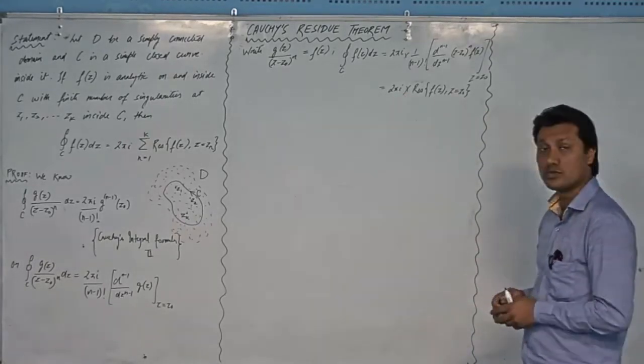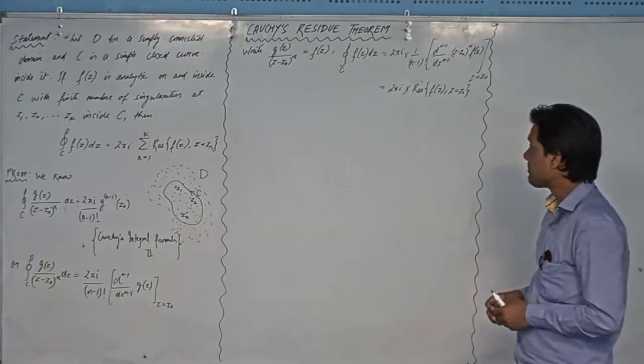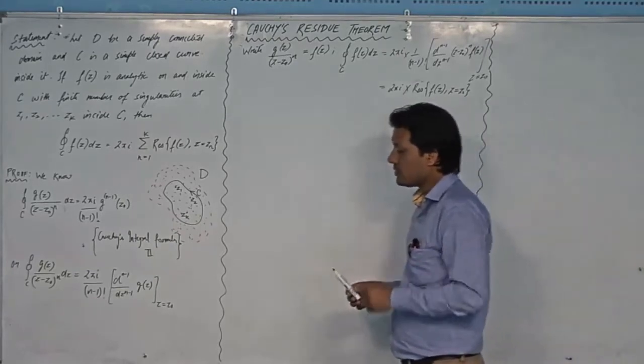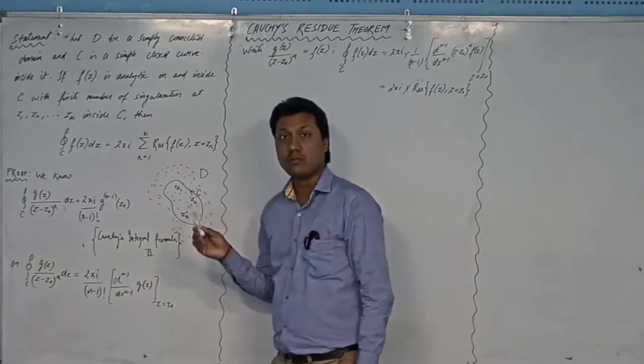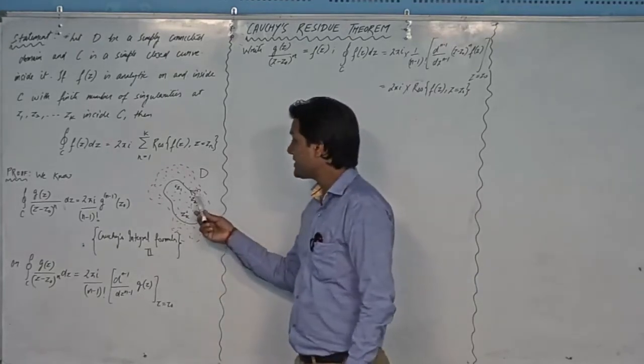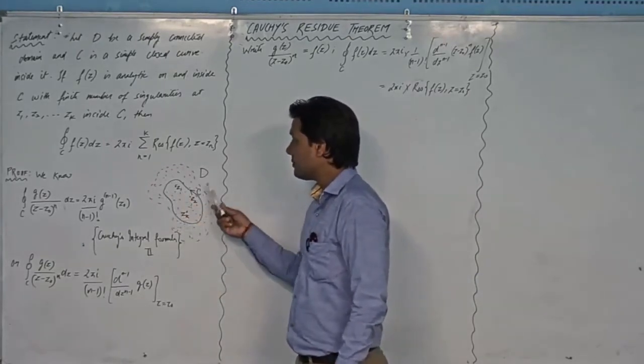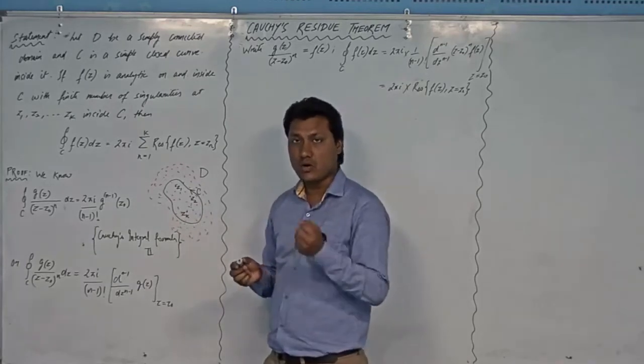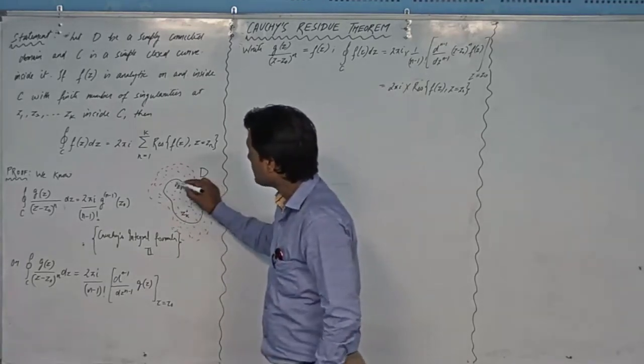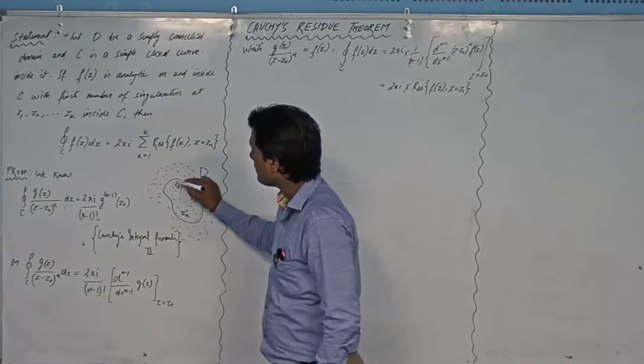And why are we summing all of those residues? The important point is that, as you know from Cauchy's theorem for a multiply connected region, we replace the outer curve by simple circles, and each of those circles must enclose one and only one singularity.